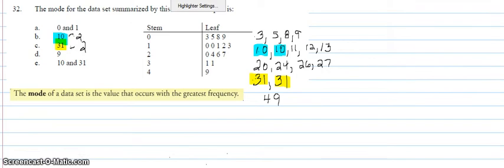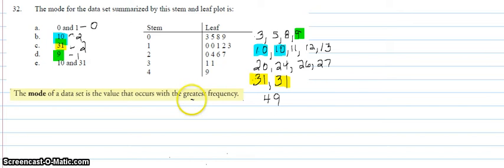We'll do our 9 in green. We have 1 of those. 0 and 1, we have 0 of those.